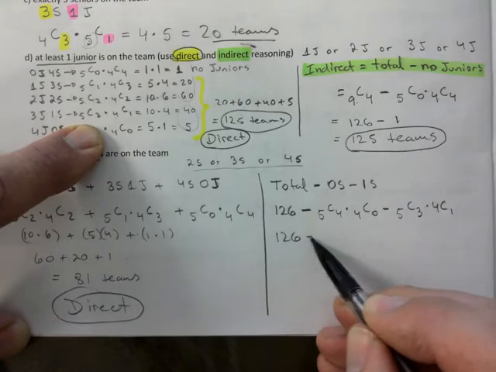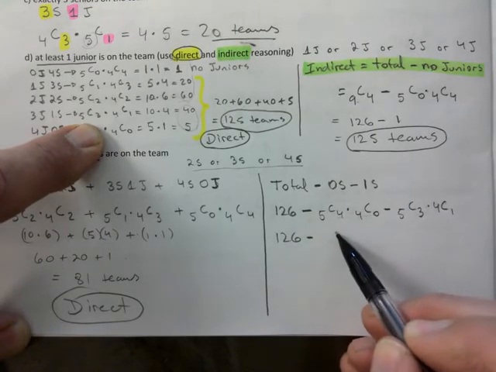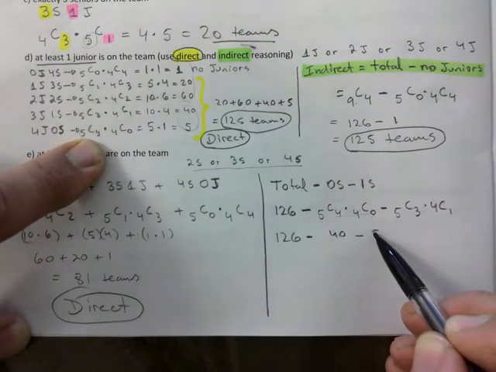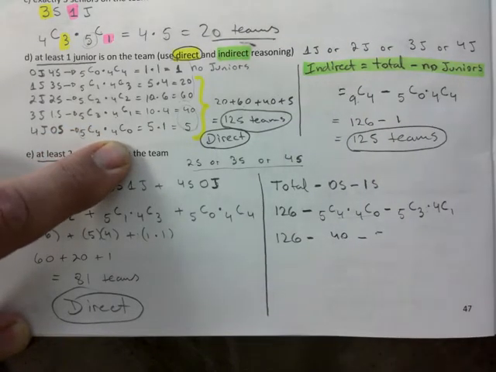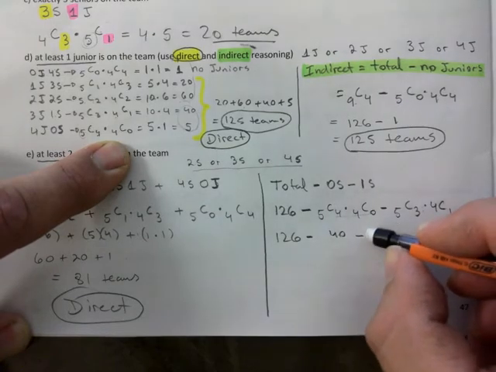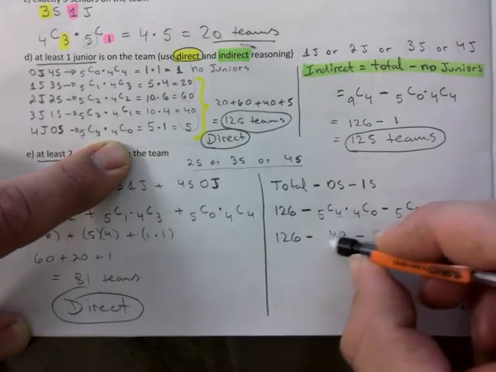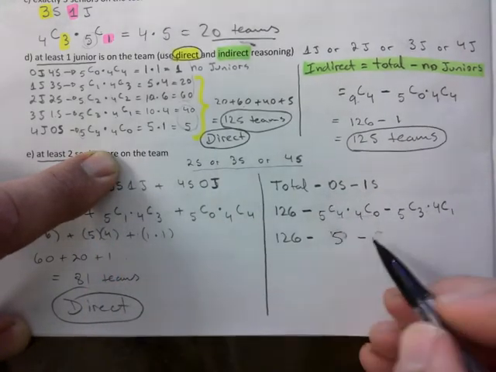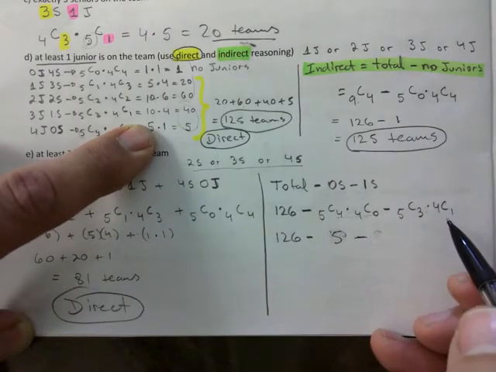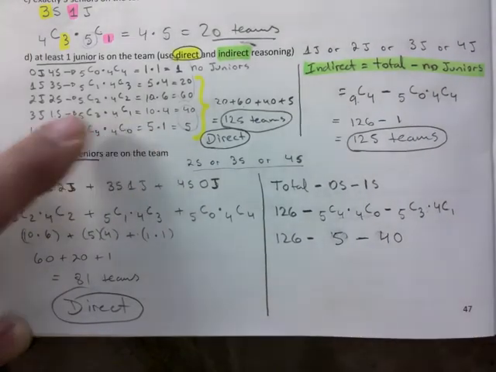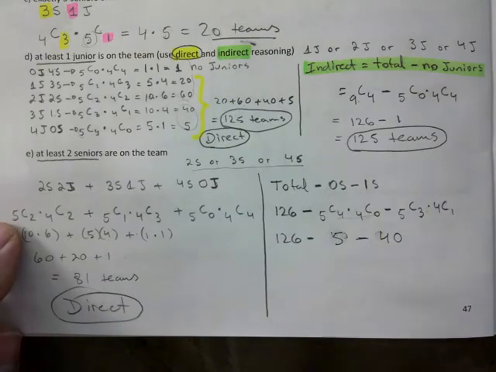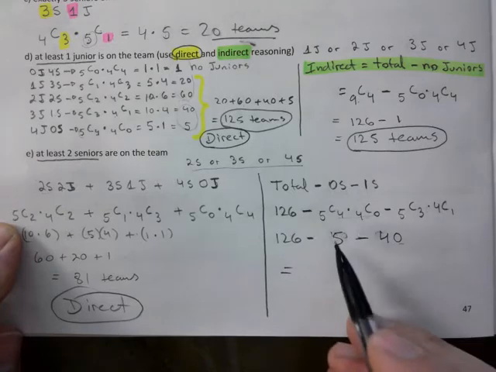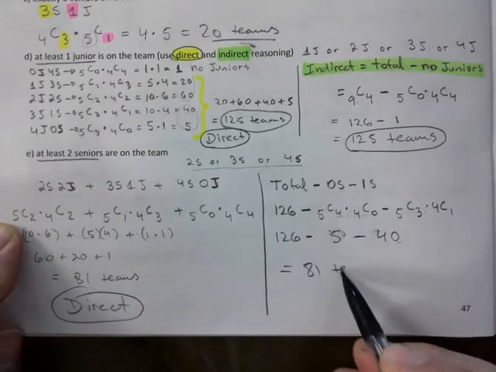So that's 126 minus, I know that this is 40, minus, I know that this is 5. No, sorry, I'm mixing it up. This is 5, the part right here I took from here, so that's 5, minus 5 choose 3 times 4 choose 1, which is 40. So 126 minus 40 would give you 86, minus 5 would give you 81 teams.